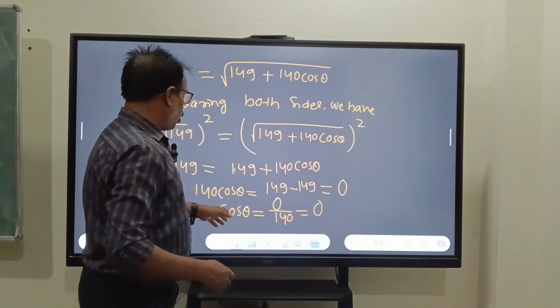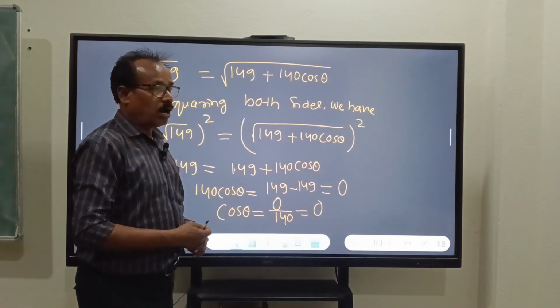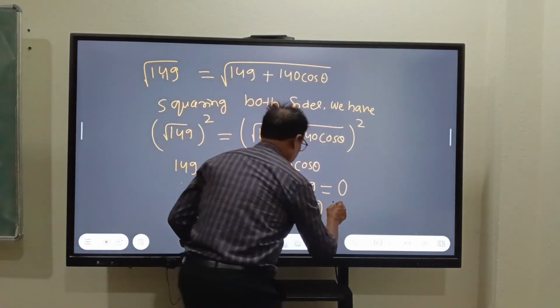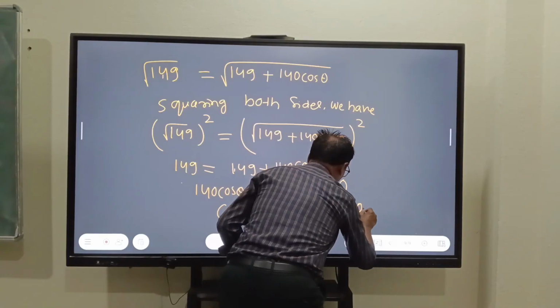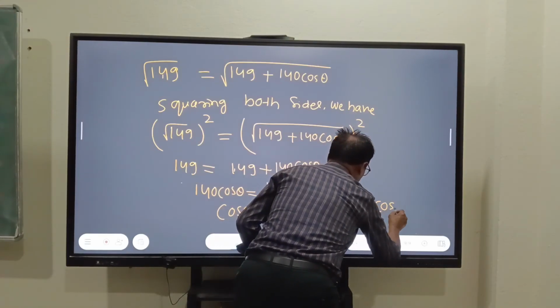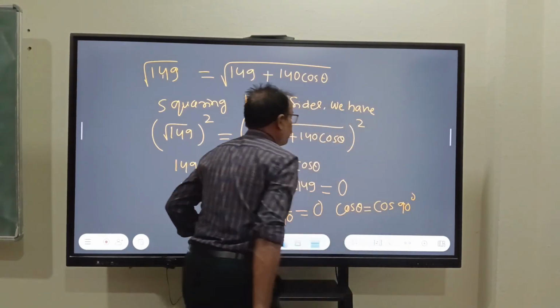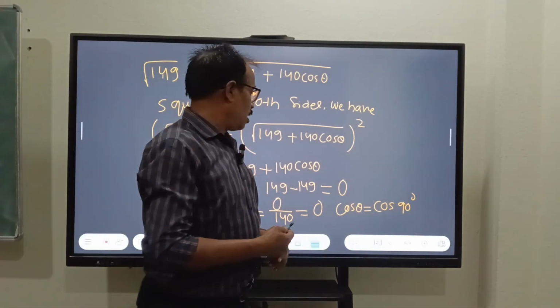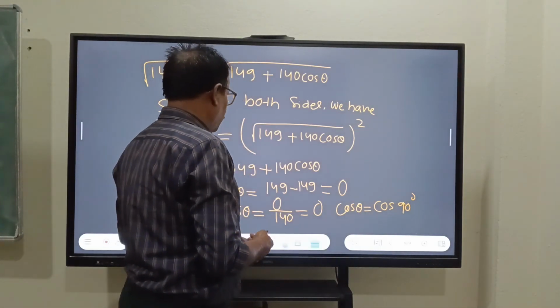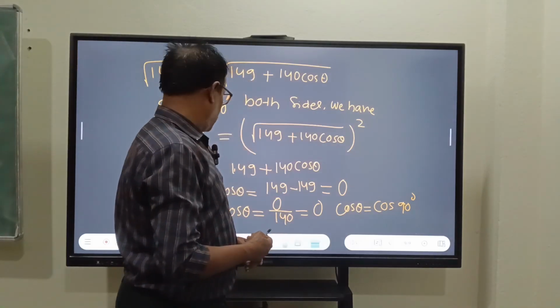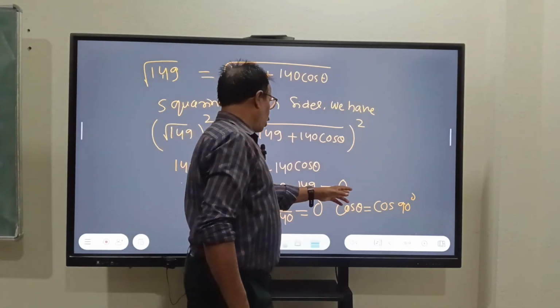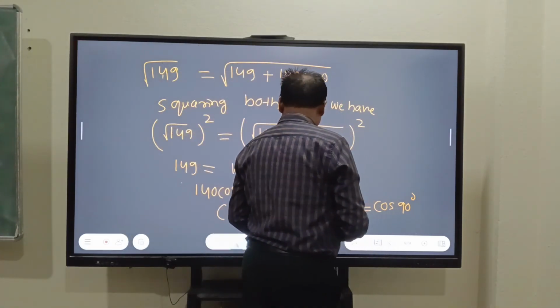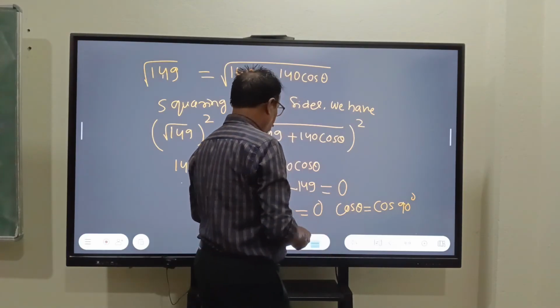Therefore, cos theta is equal to 0. Or we can write cos theta is equal to cos 90. You already know that cos 0 is 1 and cos 90 is 0.